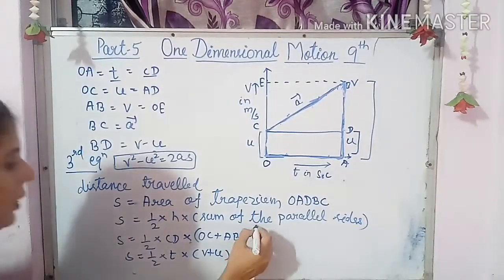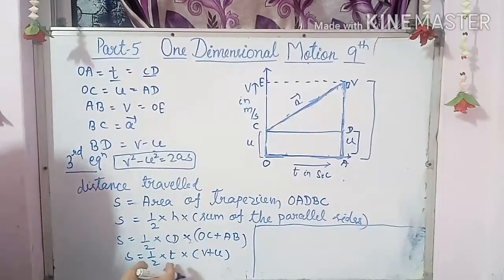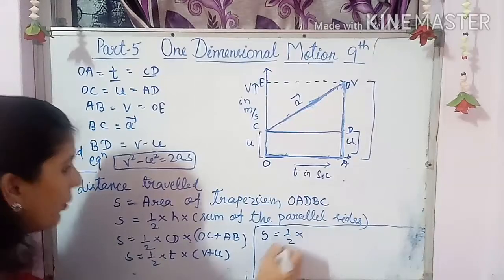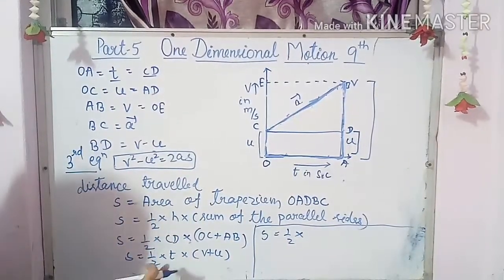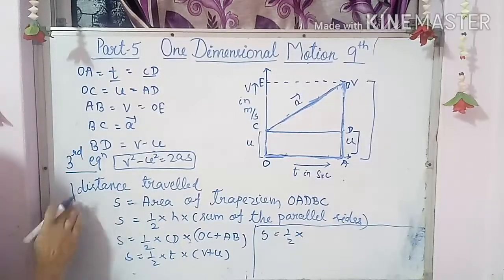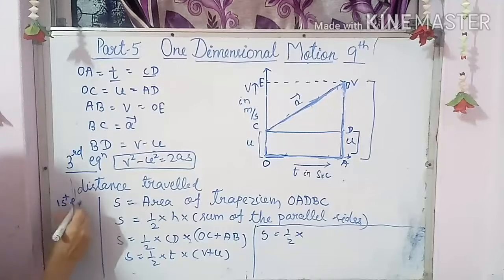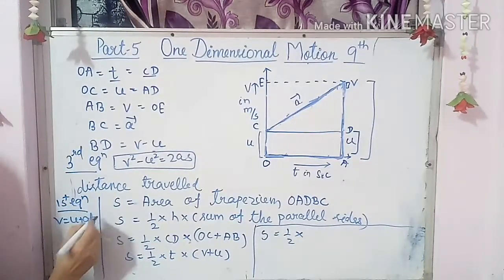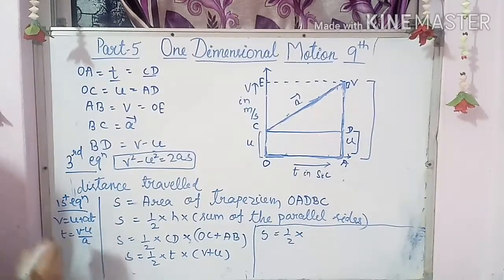You have to remember S equal to half into, you have to put the value of T. What is the value of T? That we get from the first equation of motion. First equation gives V equal to U plus AT, then T equal to V minus U by A. That you have to put here.